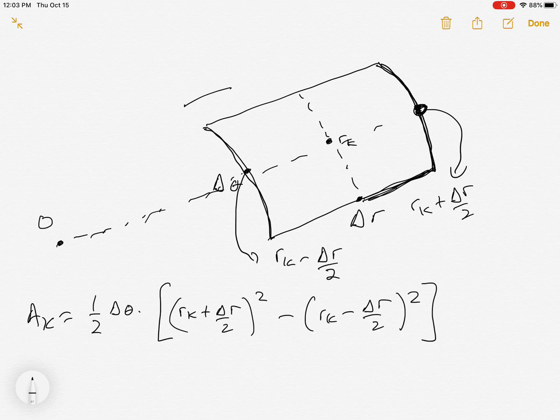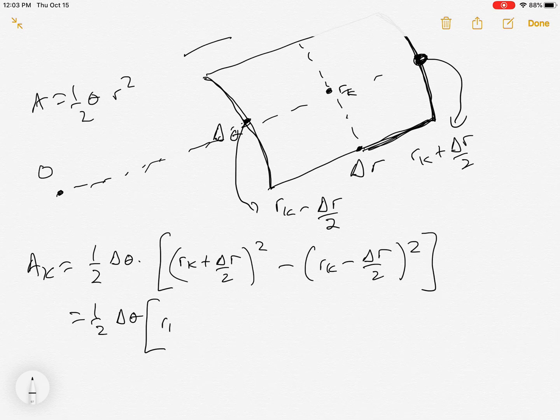All we've done is plug our first term and our second term into this formula. Now you do the obvious algebra.